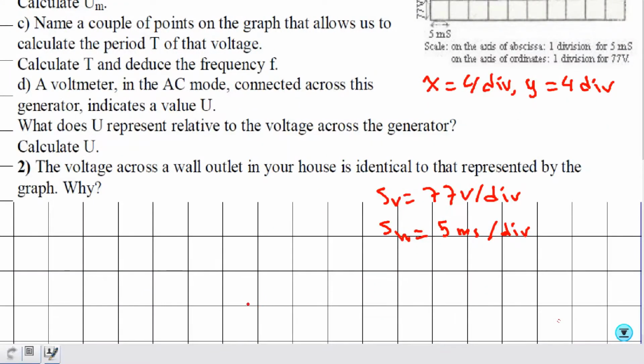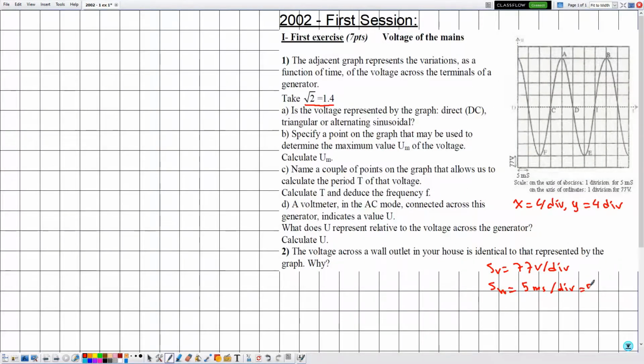Knowing that millisecond is not the assigned unit of time, in order to convert from milliseconds to seconds, we divide by 1000, so 5 divided by 1000. Then the horizontal sensitivity is 0.005 seconds.